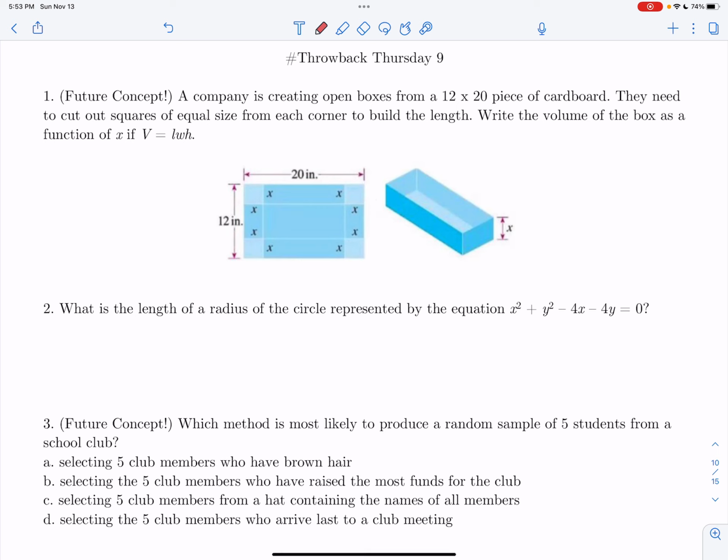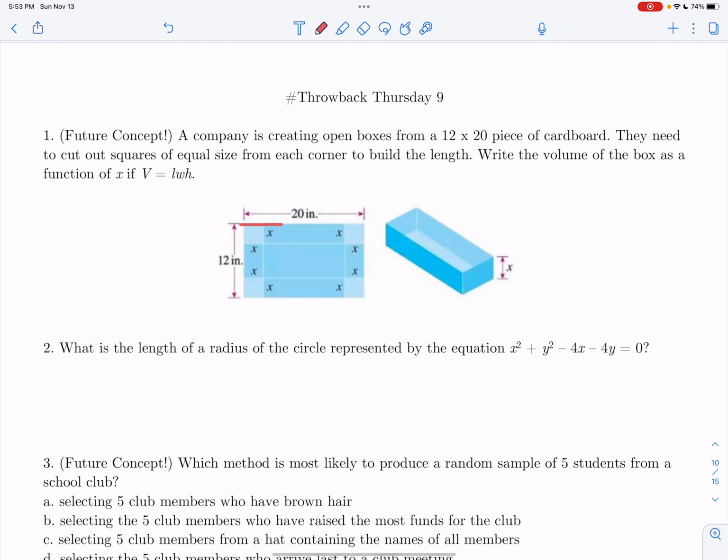Well, it gives us a two-dimensional diagram of how it looks like whenever you plan this out. So notice how my, let's say, length is 20 minus 2x. Why is it minus 2x? Well, I'm cutting this out and I'm cutting this out right here so that it makes that box.